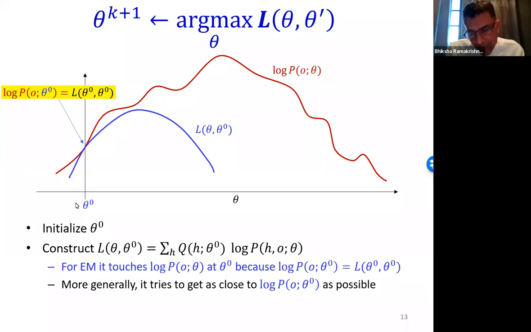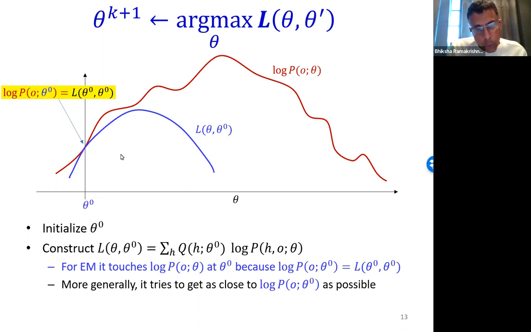I'm going to keep searching through the q's till I find a q which makes this curve as close as possible to the red curve at the current estimate of theta. And eventually, if I choose q equal to exactly the posterior probability of h given o and theta, it will exactly touch the log likelihood of o given the current estimate of theta at this point.